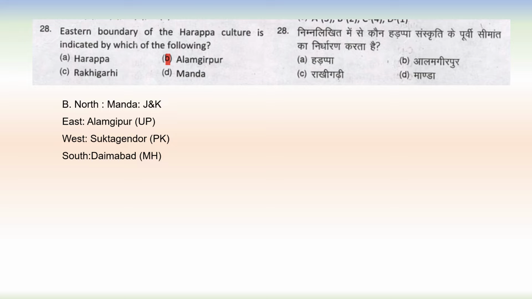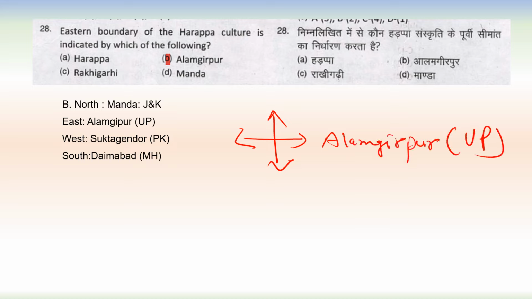Next one. Eastern boundary of Harappa culture is indicated by which of the following? Eastern boundary. So this is something like this. Eastern में क्या है? आलमगीरपुर, which is in UP.